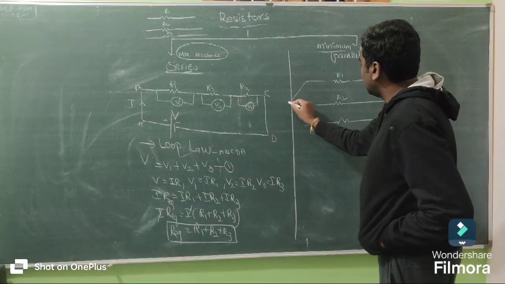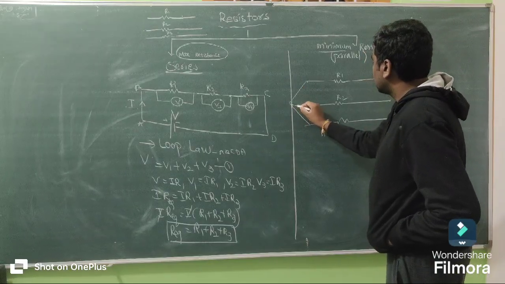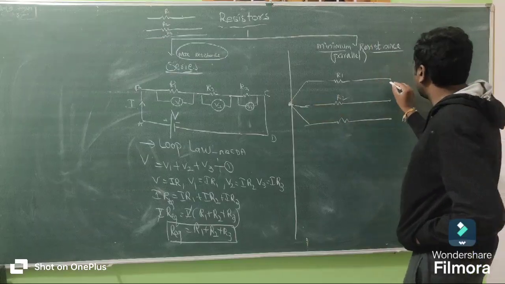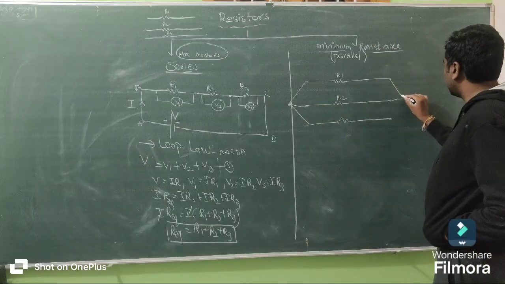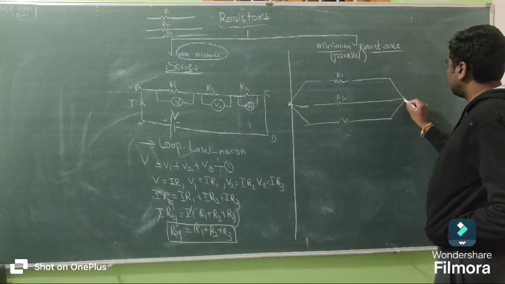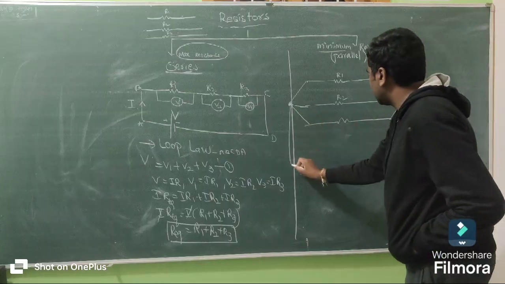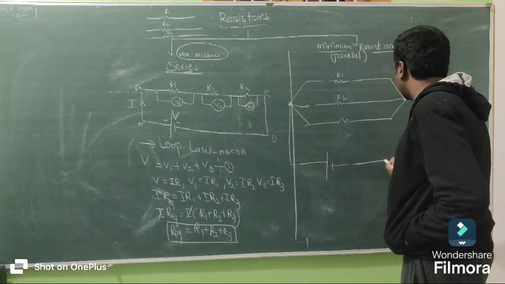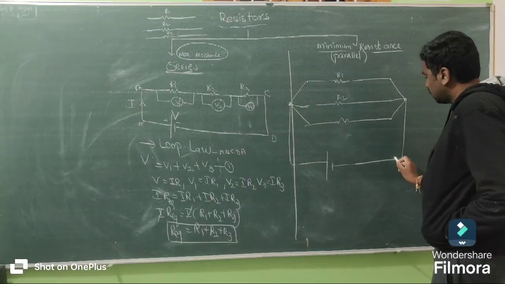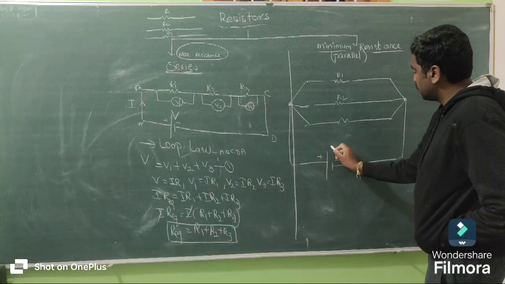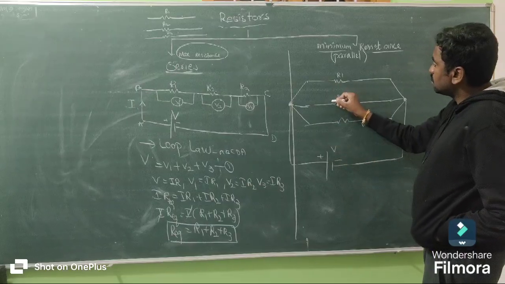If you connect all these three starting points at one point, and all ending points at one point, which is connected to the battery, this connection is called parallel connection.